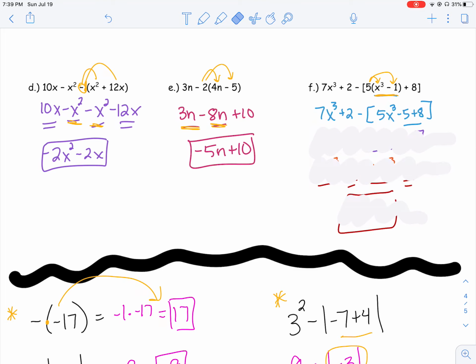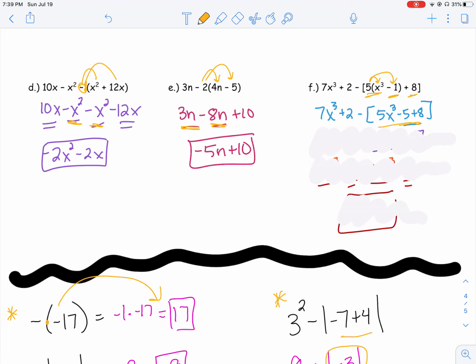I still have my plus 2. I still have my minus and my brackets. But now inside these brackets, I have a 5x cubed and a minus 5. And then I have this positive 8 in the back. Now I didn't distribute the 5 to the 8 because the 8 wasn't inside the parentheses that the 5 was in front of, right?